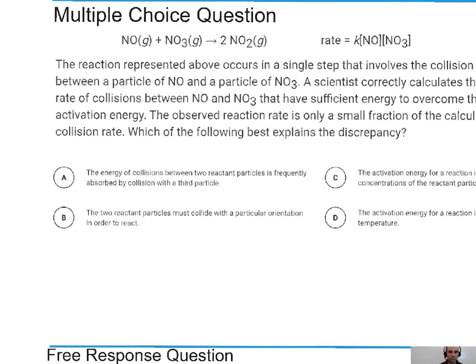So again, he's calculating the reaction rate in terms of significant energy, but that is not what he's seeing experimentally. Experimentally, he's seeing a slower rate. What is he forgetting?